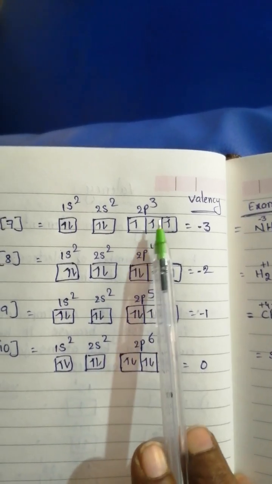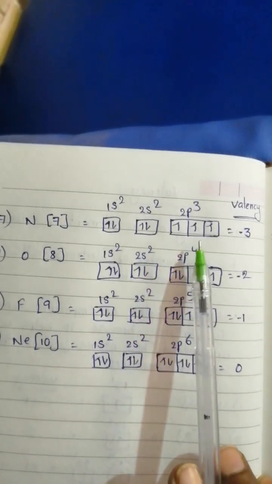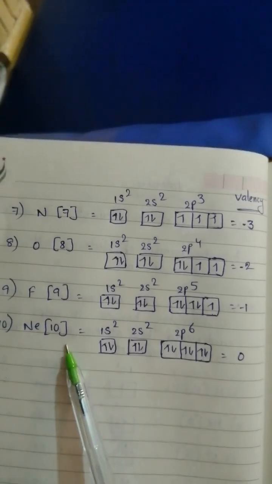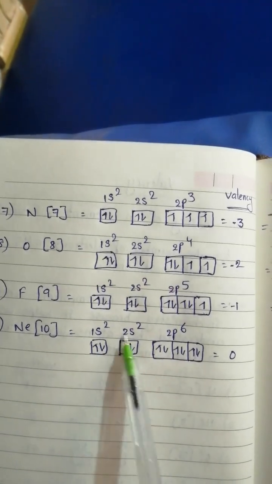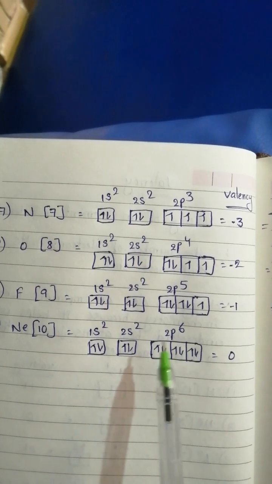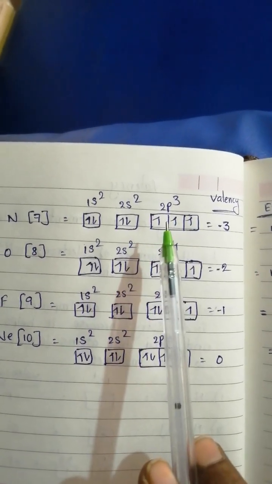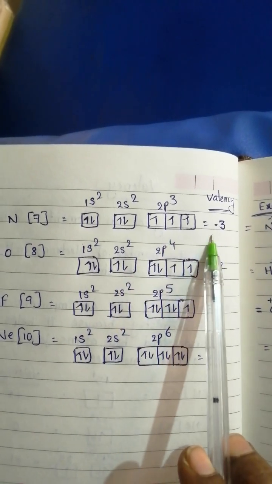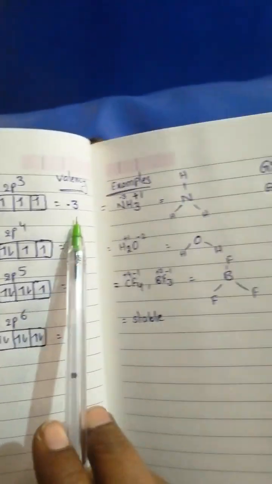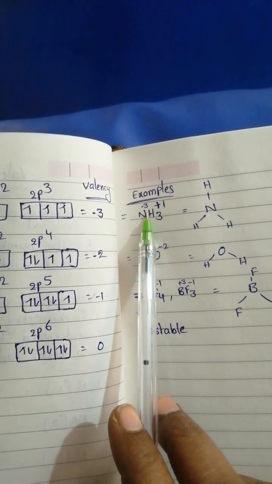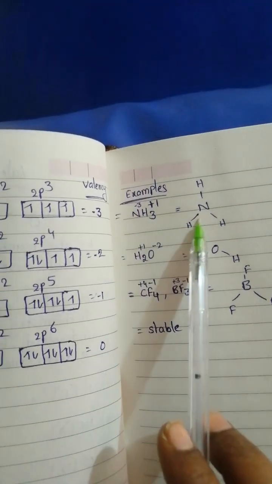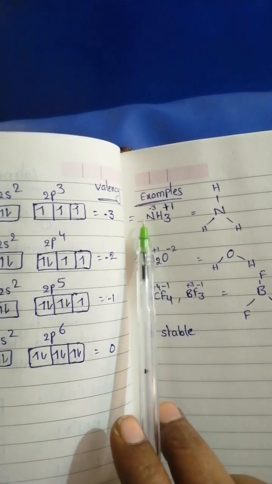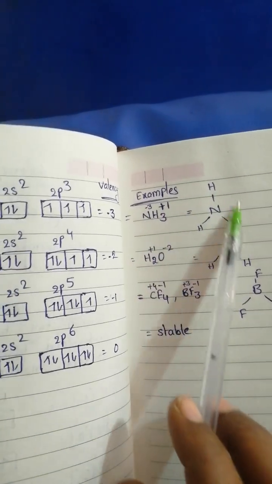And with 2p3, it can gain electrons to reach the noble gas neon, whose atomic number is 10. It gains 3 electrons. Then it's stable. That's why it also has minus 3 valency. For example, ammonia. Nitrogen is minus 3 and hydrogen is plus 1. Total, its structure is ammonia.